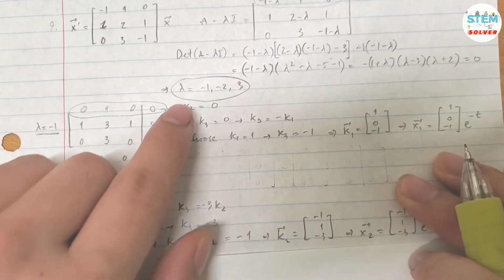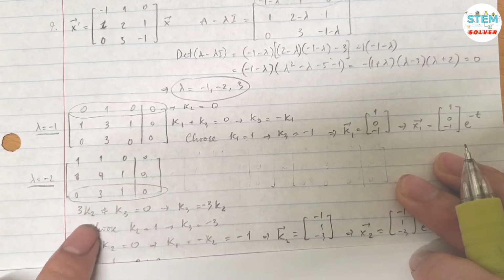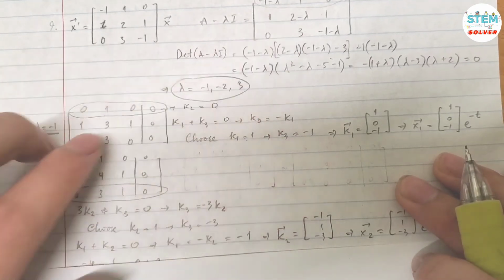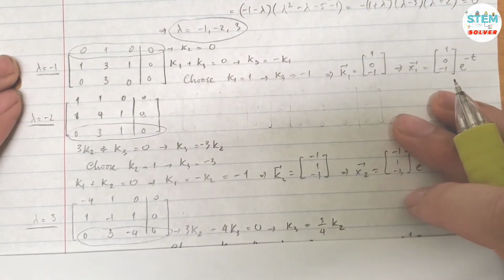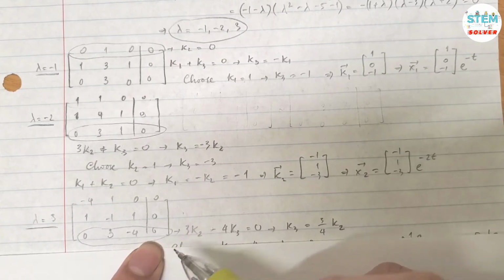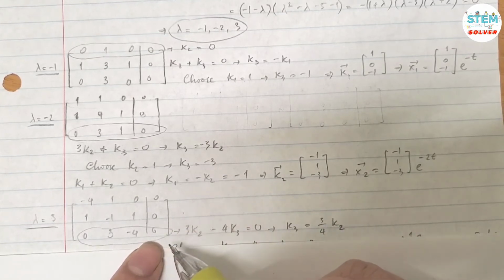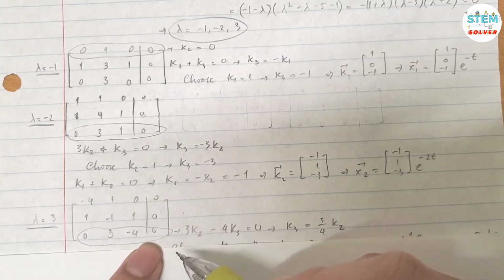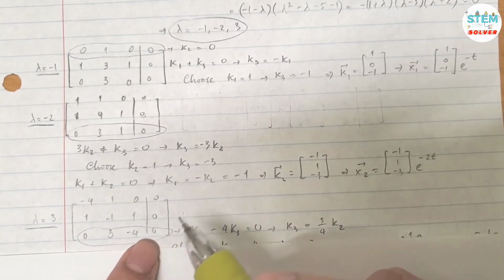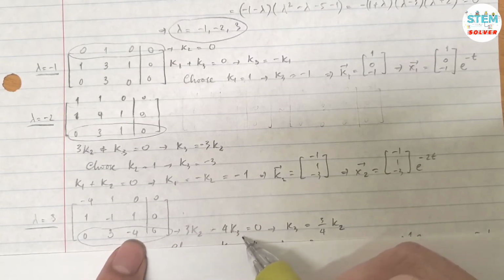Now you are going to repeat this process one more time. For lambda equals 3, plug it into this matrix. That gives you this matrix augmented with 0. Again, work smart, don't work hard. Try to avoid reducing it down to a base matrix. So I'm going to use equation 3. I have 3k2 minus 4k3 equals 0.